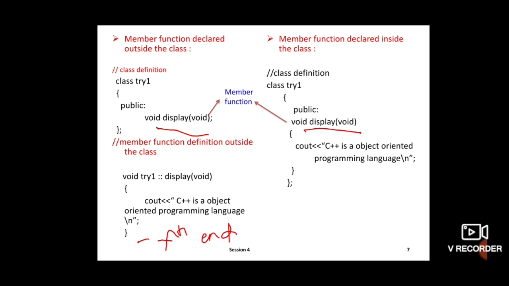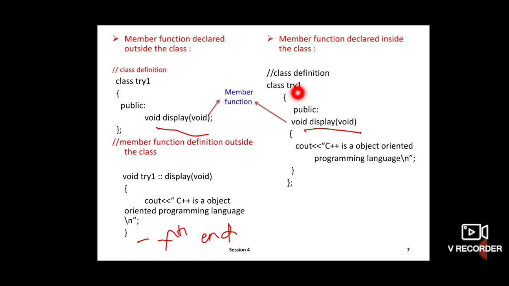Understood, student? What is the difference between outside and inside? If outside, then first declare the member function inside the class and then, using this format, write the actual coding.